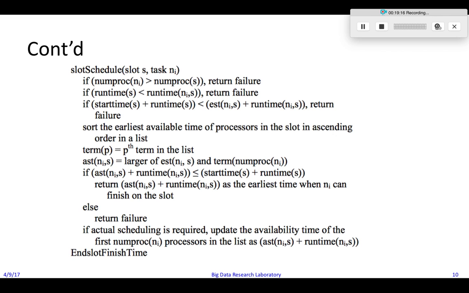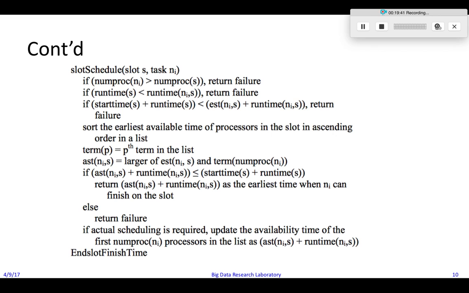And if the duration time of the slot is more than the runtime of the task, we also need to return fail. If the finish time is also smaller than the finish time, we also need to return fail.